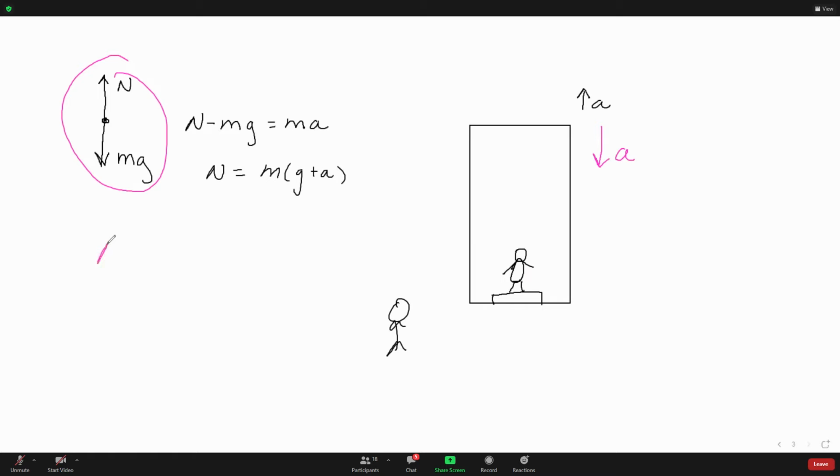So we have N minus mg is equal to ma, but a is negative, so I'm going to let a be a positive number and put the negative sign right here. So it's accelerating downward with acceleration a. Well, now the normal force is less than Piglet's weight because it's equal to m(g minus a), because it's moving downward.